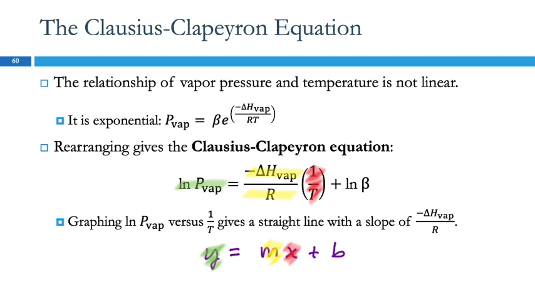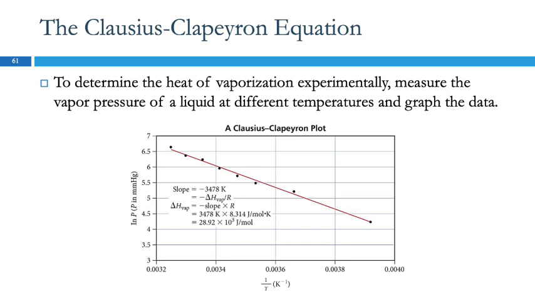So if you measure the vapor pressure at different temperatures, you can graph that data and calculate the heat of vaporization. So that's what they've done here.